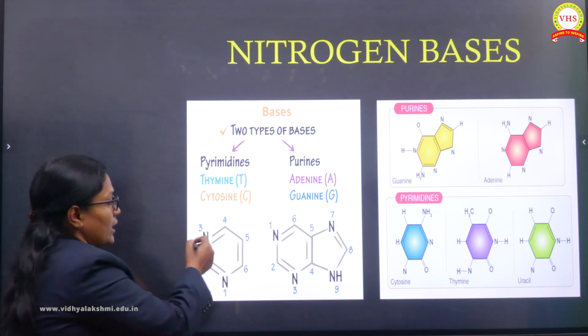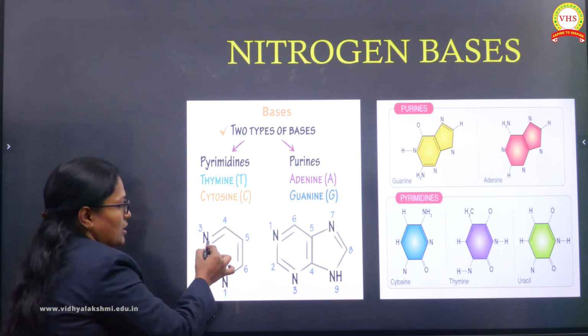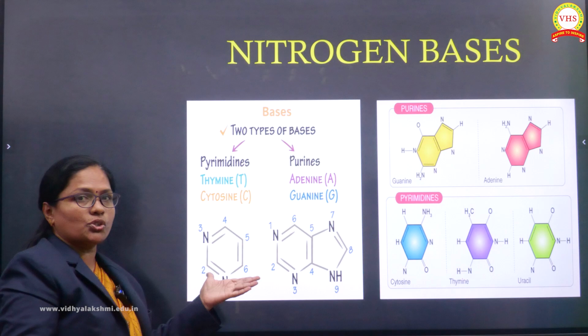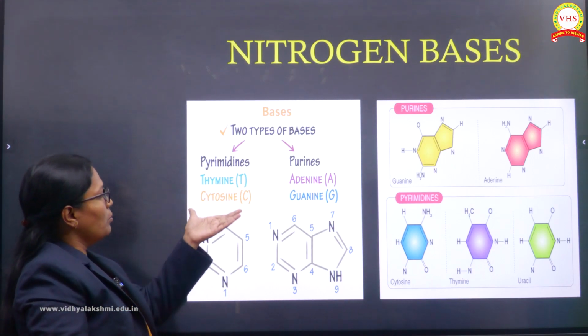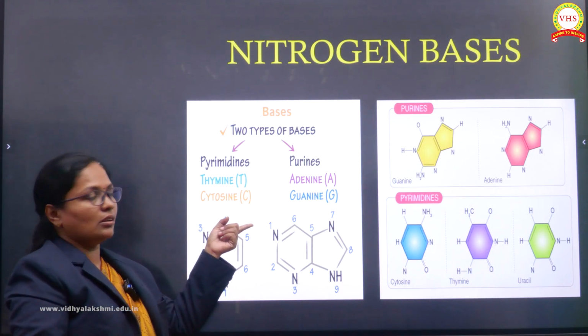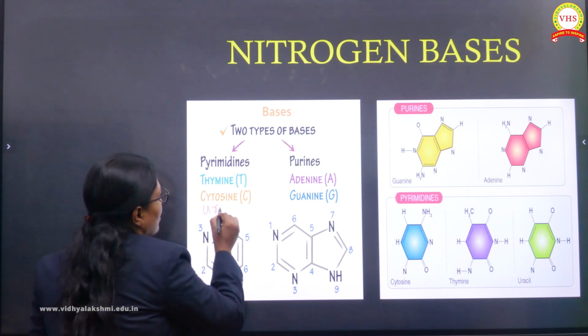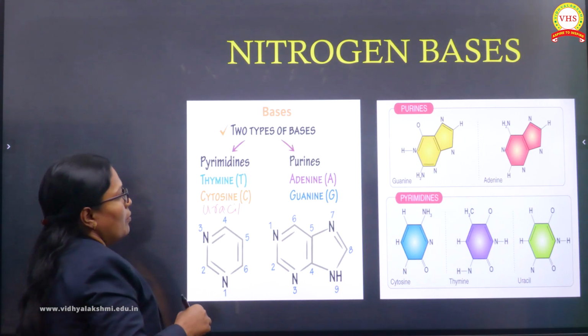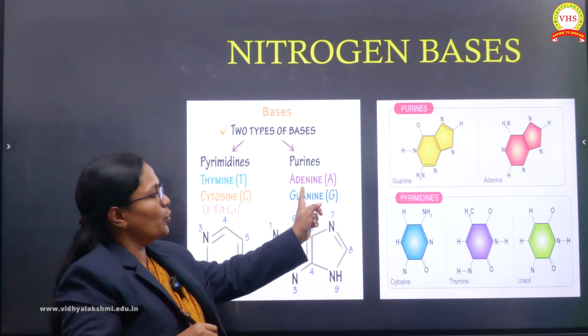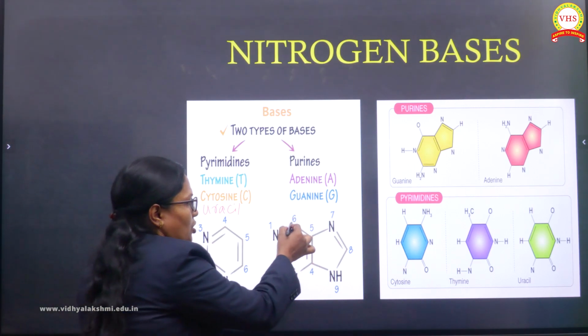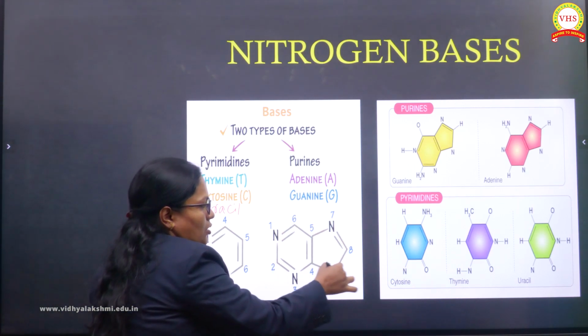Pyrimidine has a single cyclic structure, which you can see here. It consists of thymine, cytosine, and also uracil comes here. And then purines have a double cyclic structure. You can see that there are 2 cyclic structures here.